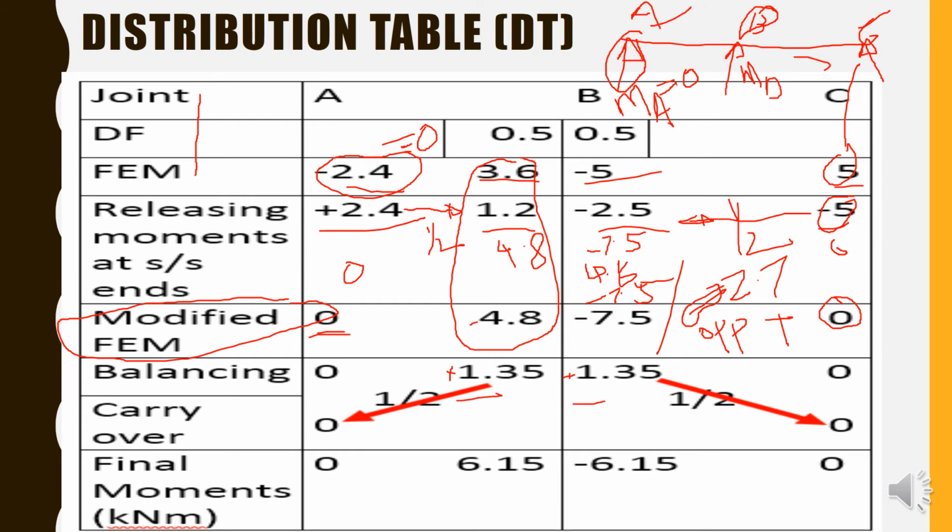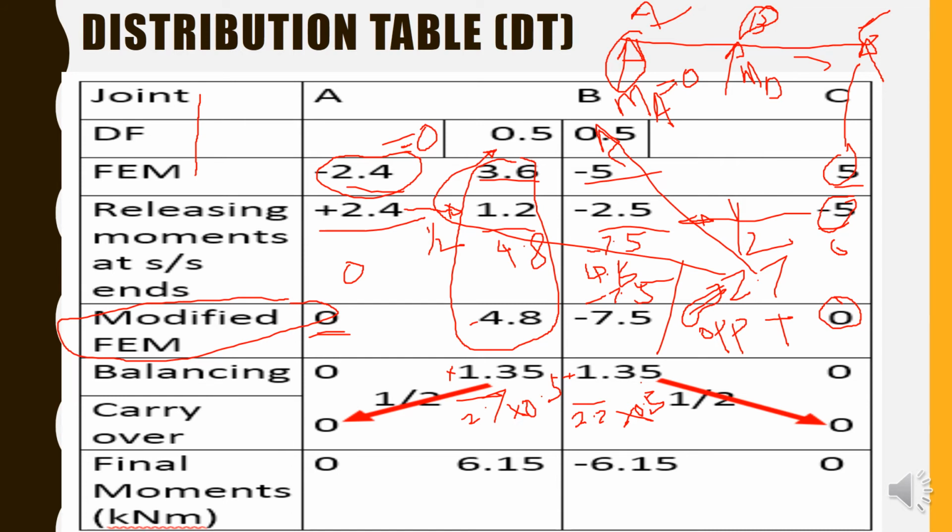So 2.7 multiplied by the distribution factor 0.5 will be 1.35. Similarly, 2.7 multiplied by 0.5 again gives 1.35.